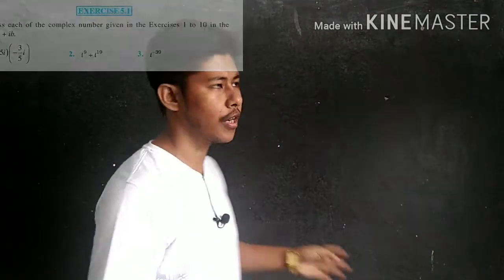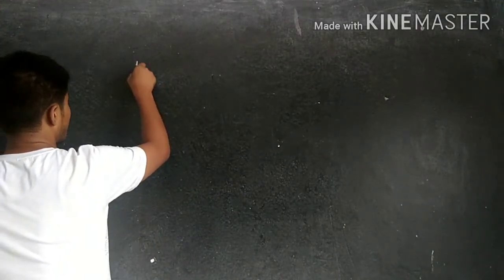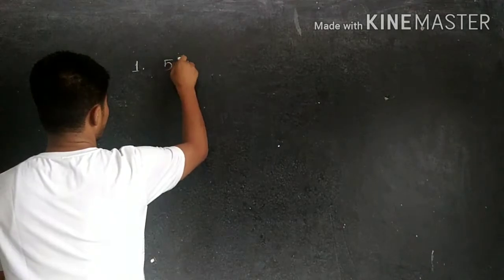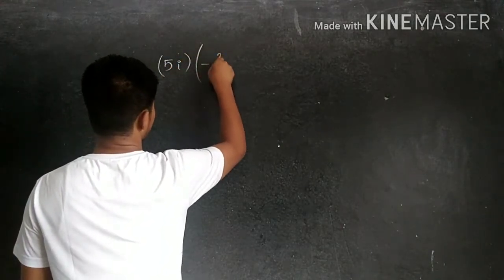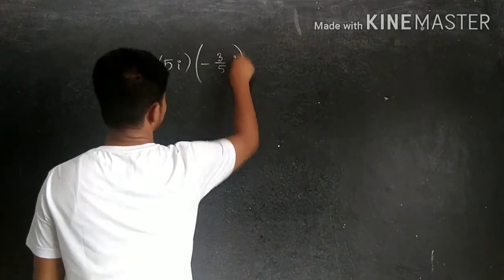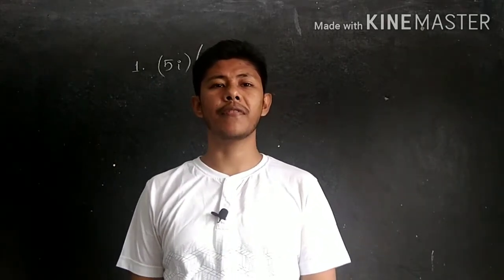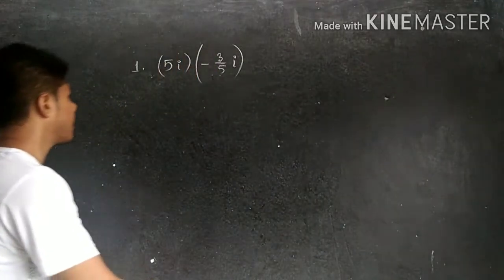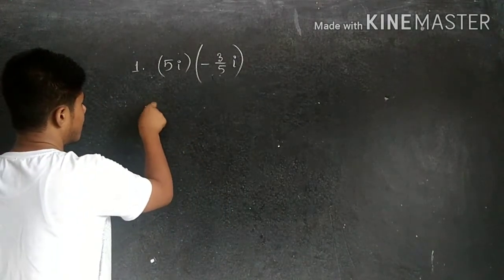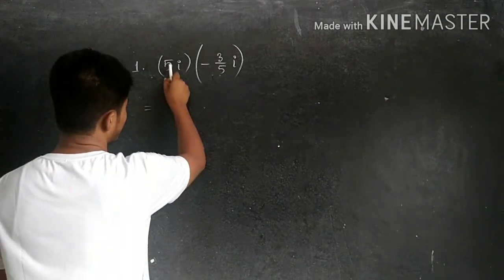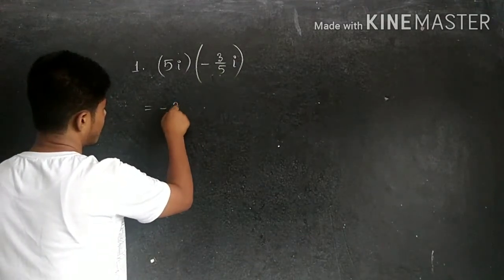If you see the first question, it is 5i into minus 3 by 5i. We have to convert this into a plus ib form, so we just calculate it. The 5 cancels, leaving minus 3 i square.